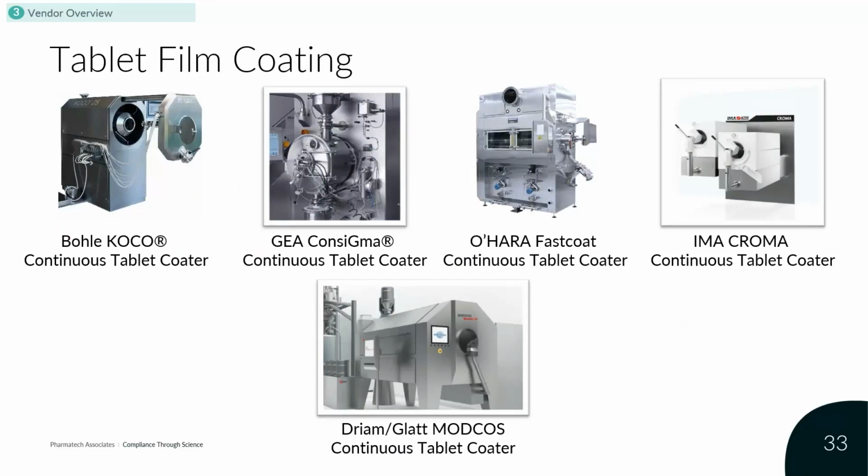Tableting usually ends with film coating. Also here, good news. Many vendors, meanwhile, offer coating equipment fitting to the compression machines. They are all quasi-continuous or semi-continuous as well. And you have to find the best choice for your application.